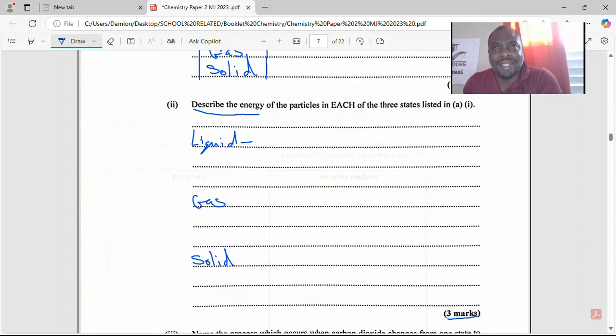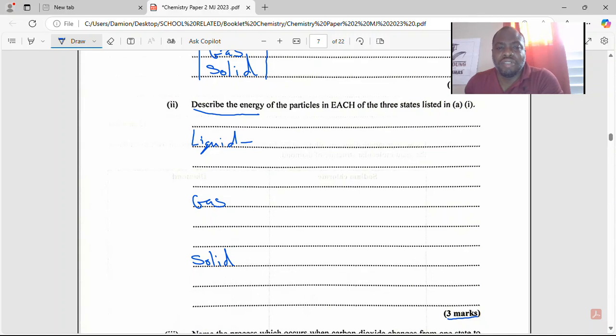Because that sliding will basically speak to the arrangement, right? Or movement of the particles. So if you want to mention it, fine, but you have to talk about kinetic energy. We have to hear about the energy that the particles have.